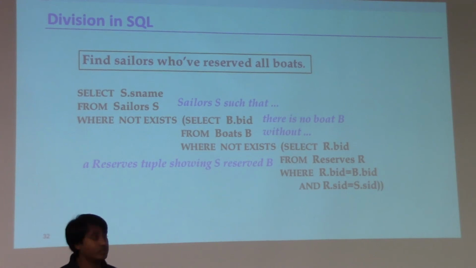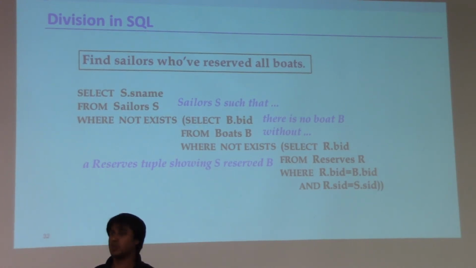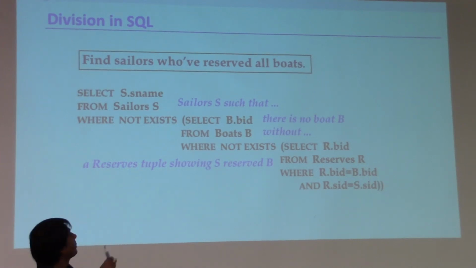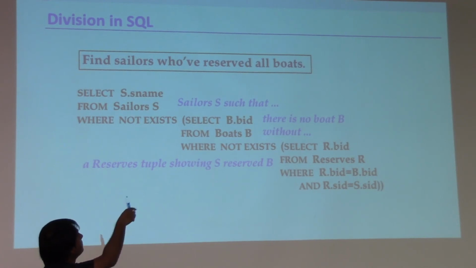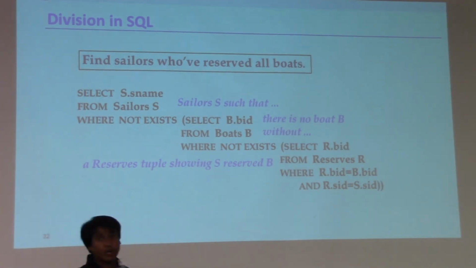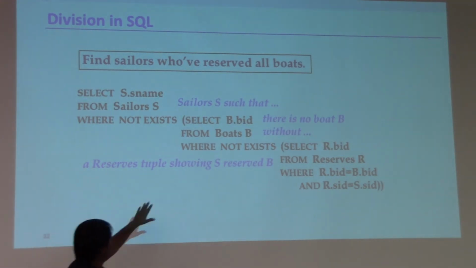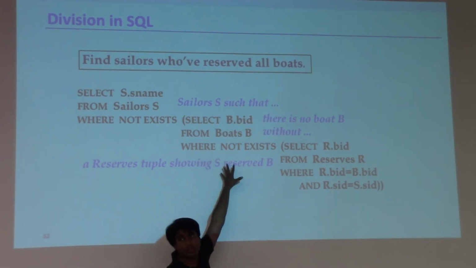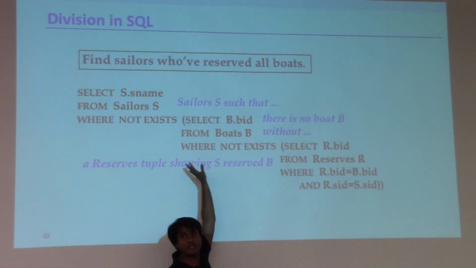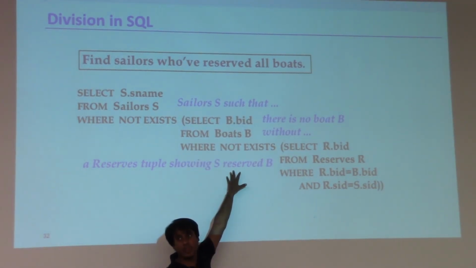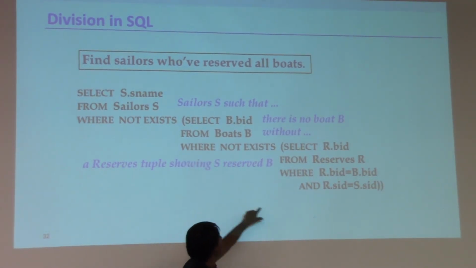So find the sellers who have not reserved at least one boat. His or her name, or that boat ID, should come here, the boat the seller has not reserved. That is the main inclusion of this block.